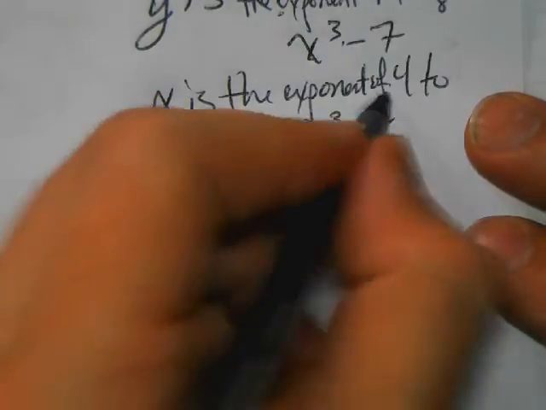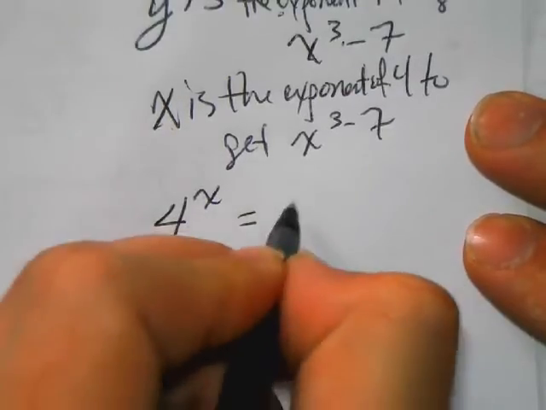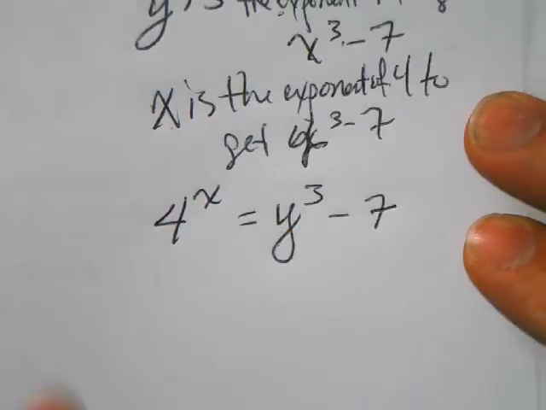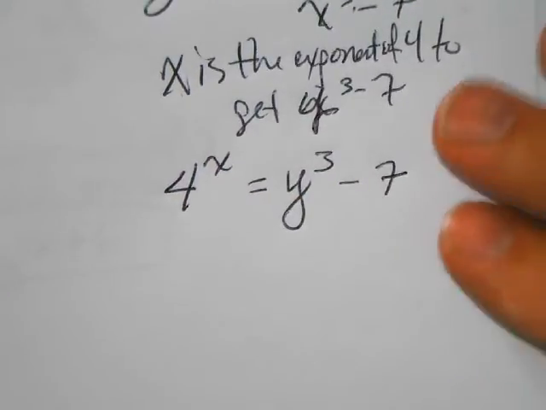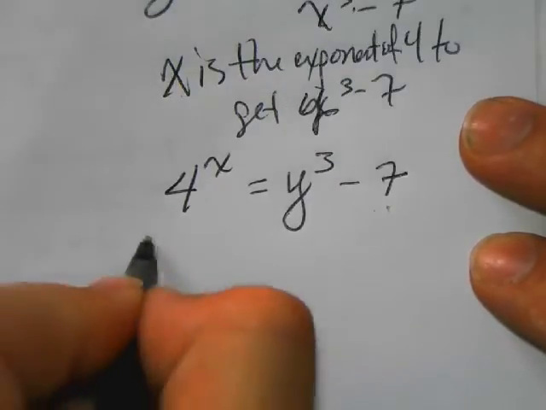So if x is the exponent of 4, and we get y cubed minus 7, we're in a much better place to go ahead and solve this, because now we can just add 7 to both sides.